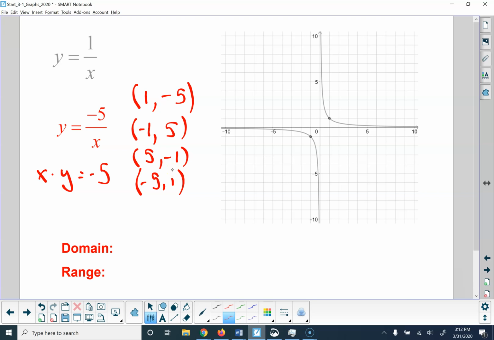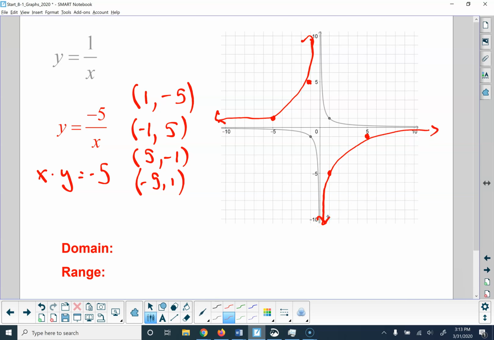So what does it look like? (1, -5) is here. (-1, 5) is here. (5, -1) is here, and (-5, 1) is there. So when you make it a negative value, it shows you the reflection.